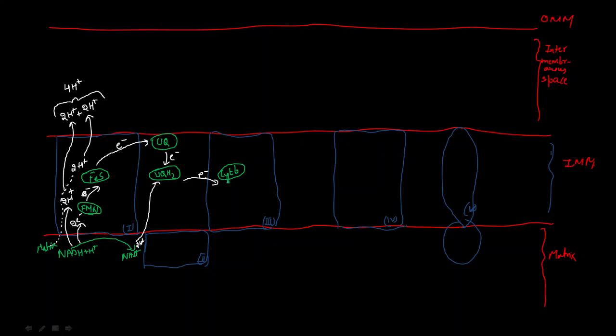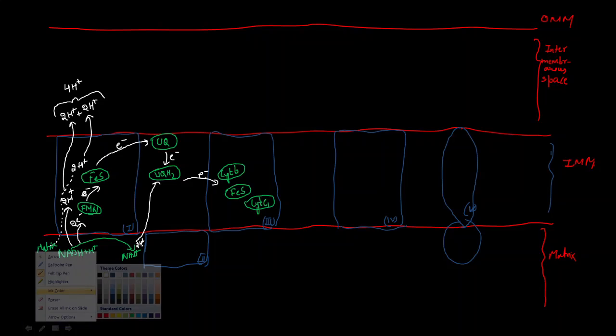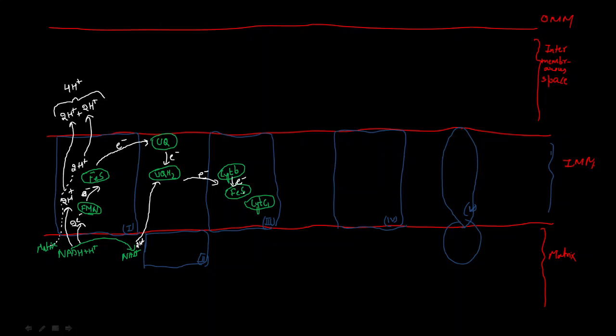Now cytochrome B will eventually give this electron to iron sulfur. If you remember, we have talked about iron sulfur being associated with FMN as well as cytochrome B, right? So from cytochrome B it gets passed on to iron sulfur, and from iron sulfur to cytochrome C1.